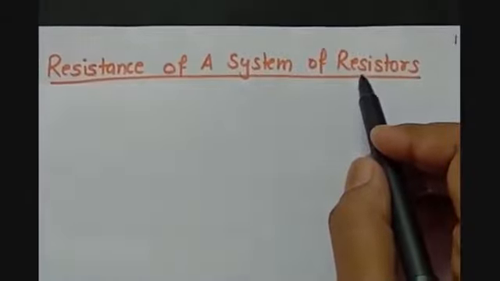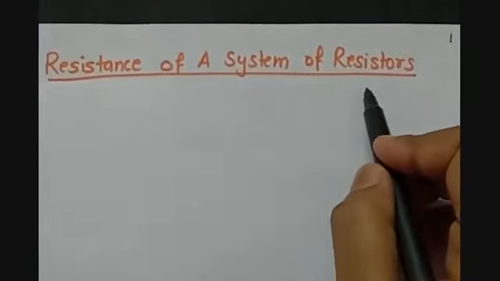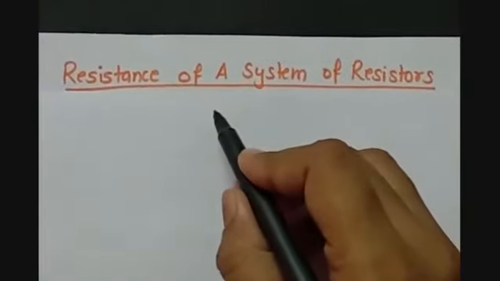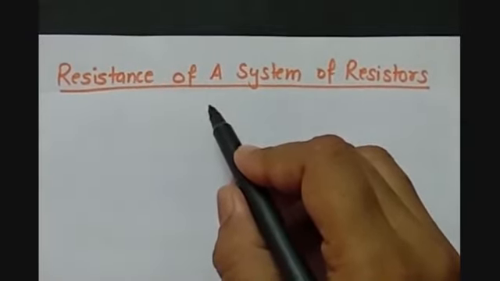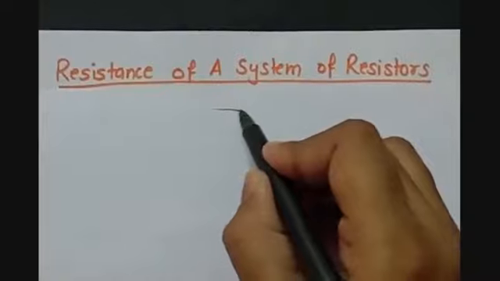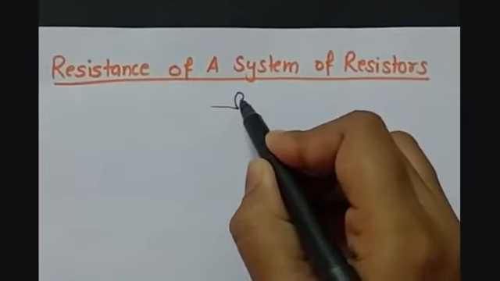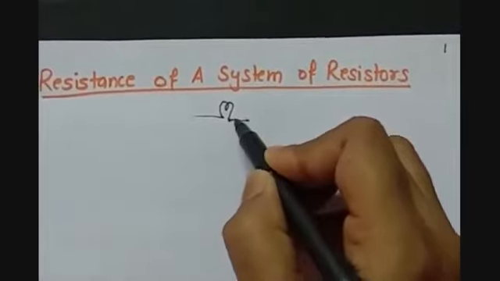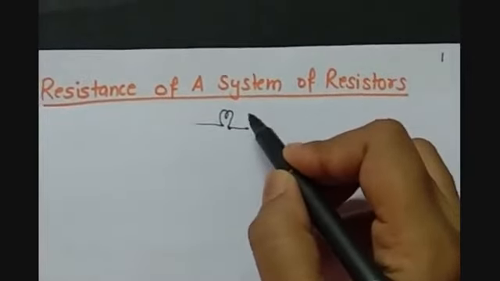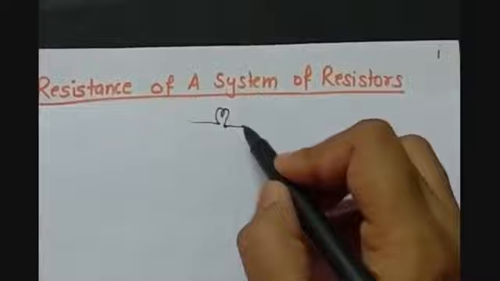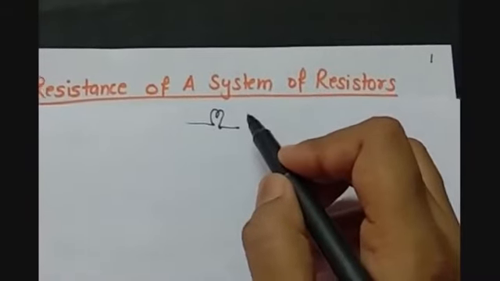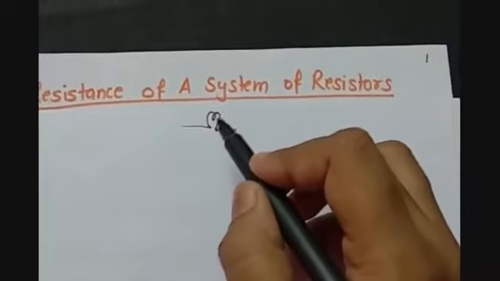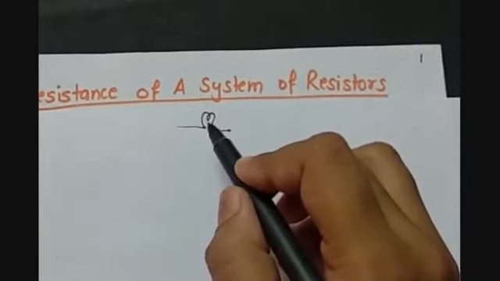You must be thinking from where this system of resistors has come. Always remember that in an electrical circuit, whether it is a bulb, electric iron, electric toaster or some other electrical appliance, that appliance has its own resistance.